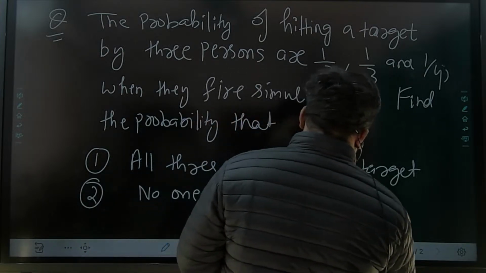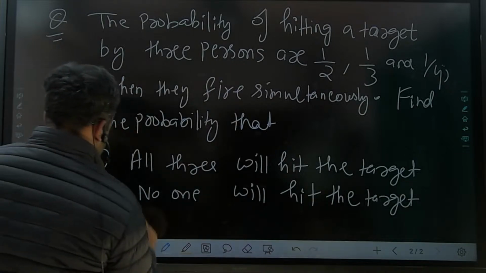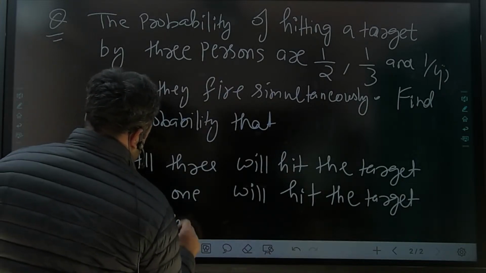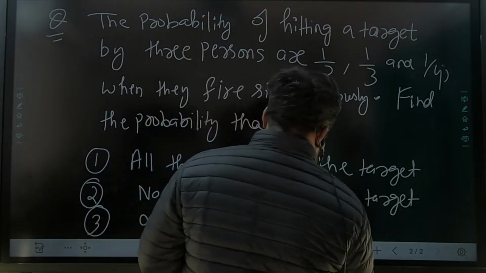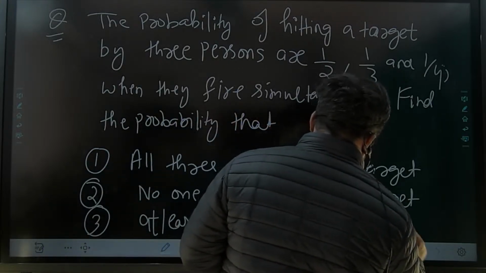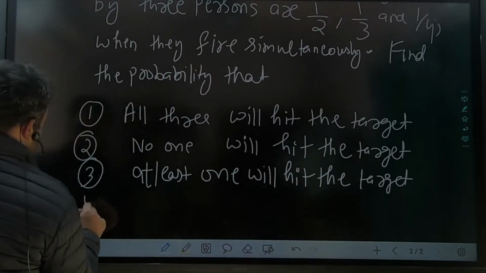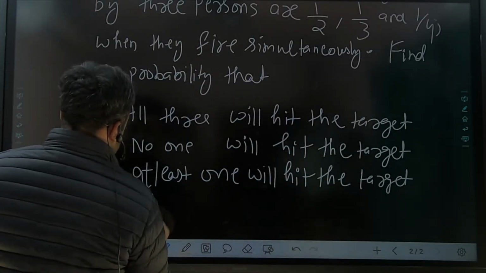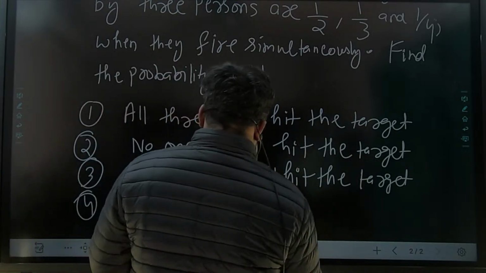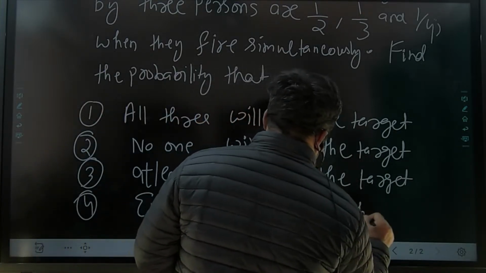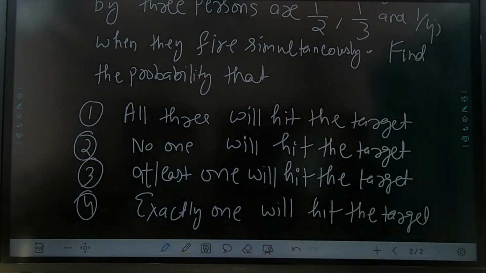Third case is at least one will hit the target. And the fourth is exactly one will hit the target. This is a very important, interesting question. Every case is different from each other.